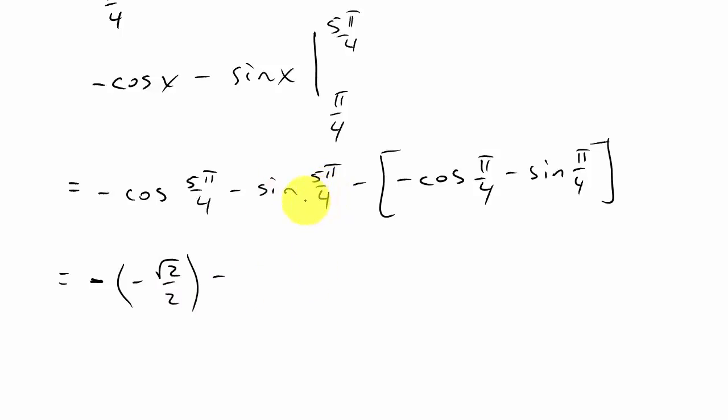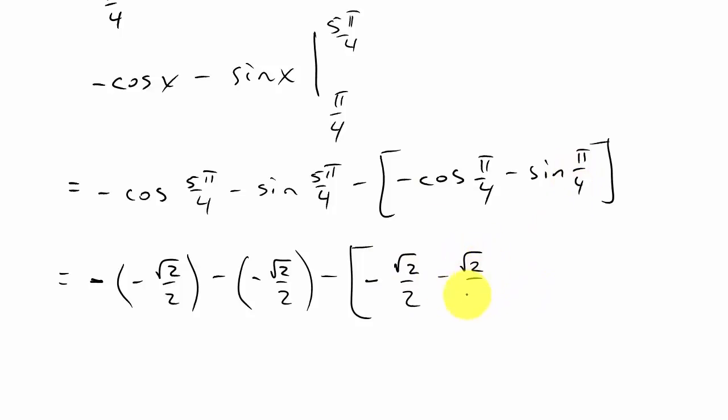Once again, the reference angle is pi over 4, and the sine is square root of 2 over 2, but since we're in the third quadrant, that's going to be negative square root of 2 over 2, minus, and then we have the negative cosine of pi over 4, which is square root of 2 over 2, minus the sine of pi over 4, which is square root of 2 over 2.